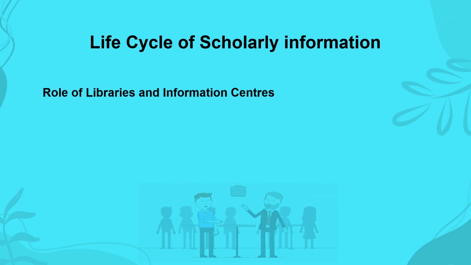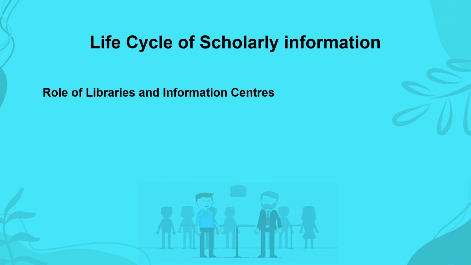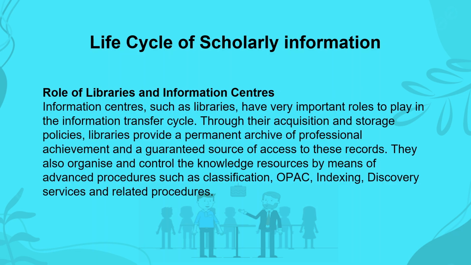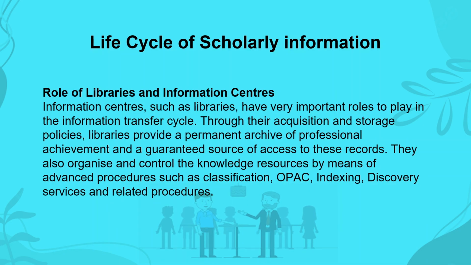Now, what role do the libraries and information centers play in this information transfer cycle? Information centers such as libraries or any other center have very important roles to play in the information transfer cycle.